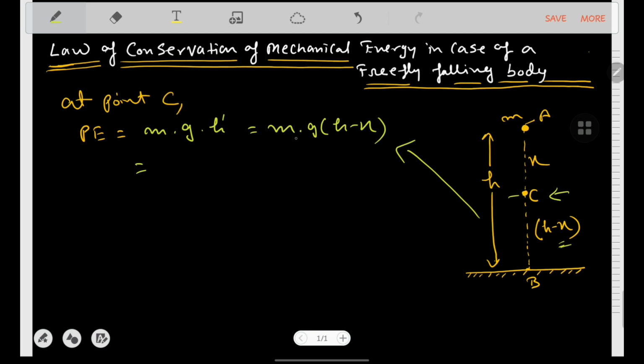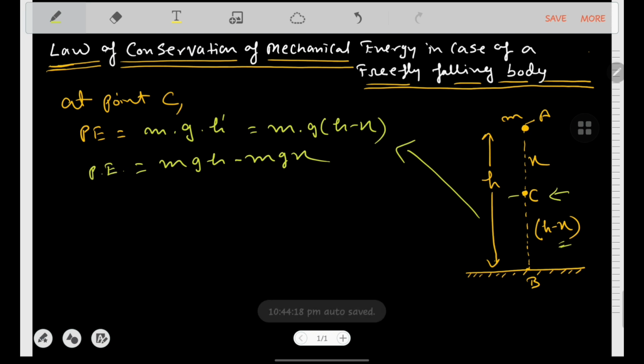Now you can multiply this mg with both h and x, as a mathematical formula. We can write mgh minus mgx. This is the value of potential energy at point C. This is equation 1 for us.